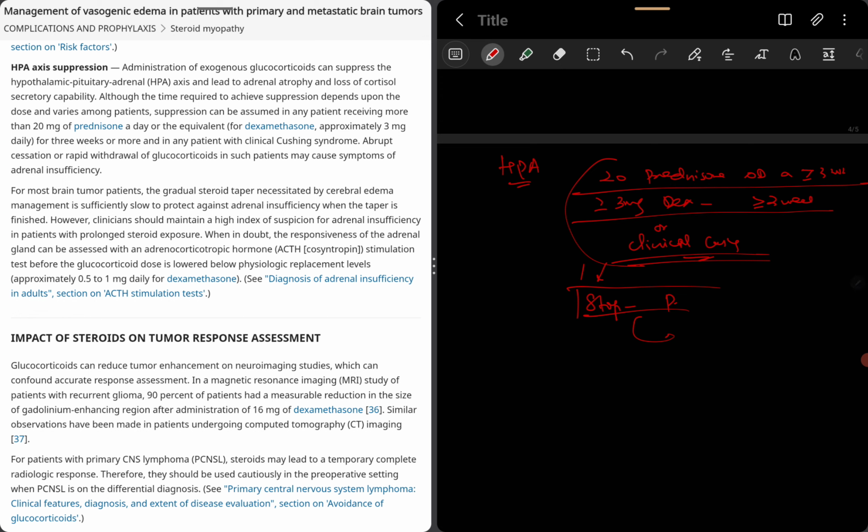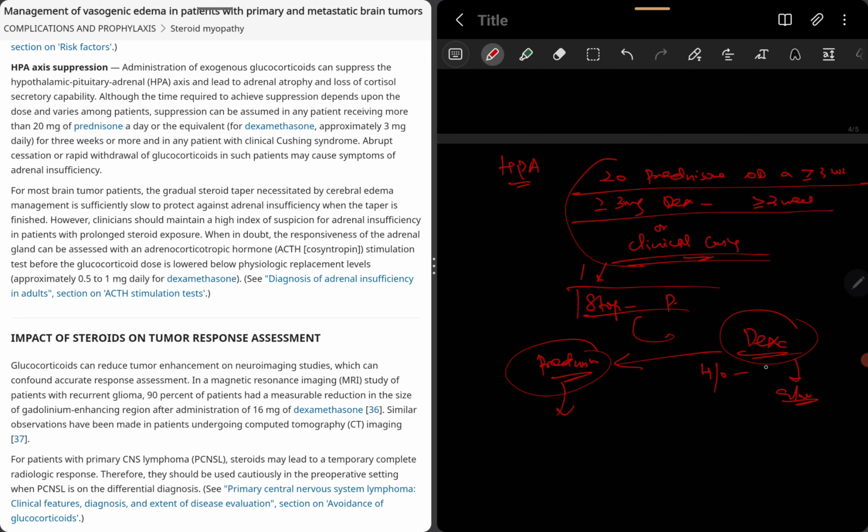So that's why patients who have a history of adrenal insufficiency, you don't treat them with DEXA, rather you treat them with prednisone. DEXA is a potent drug with a long duration of action, and it is also associated with other complications like gastritis, perforation, and proximal myopathy.